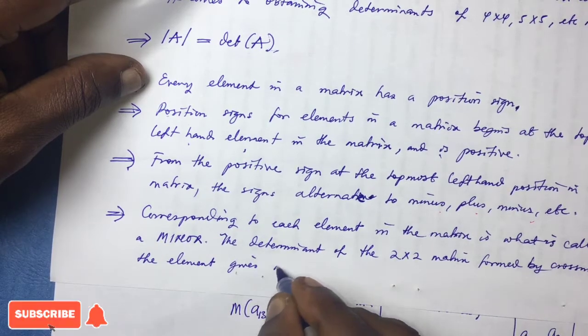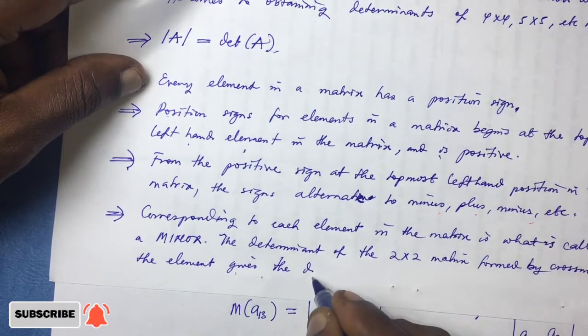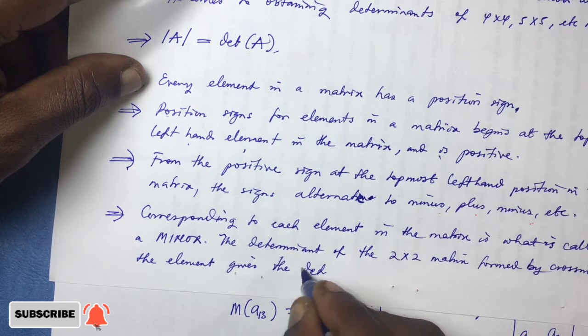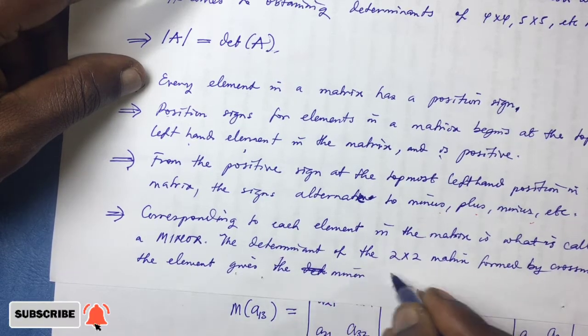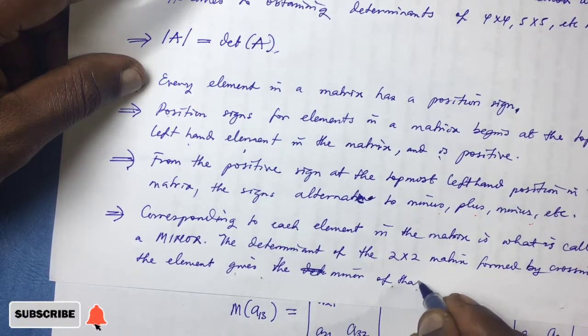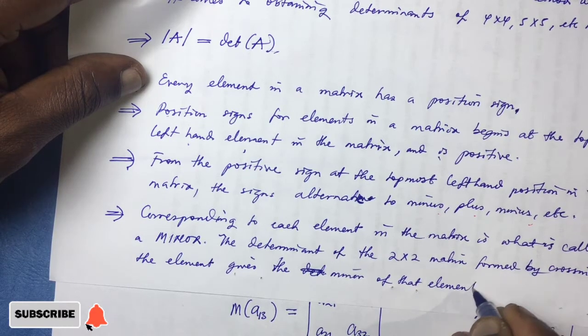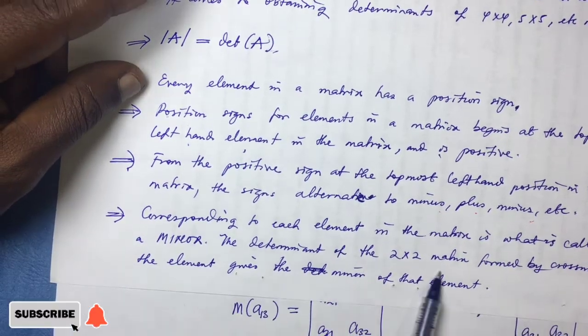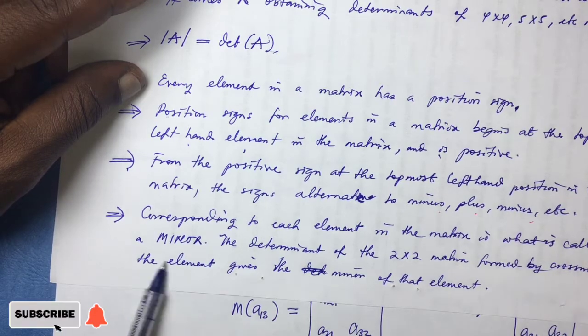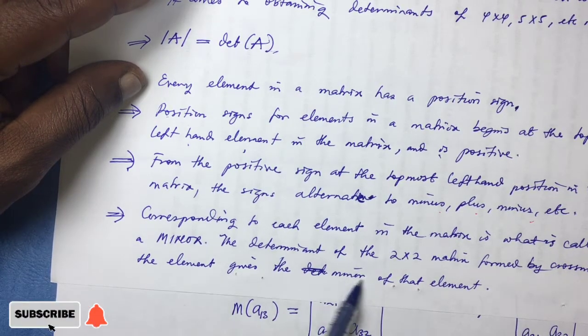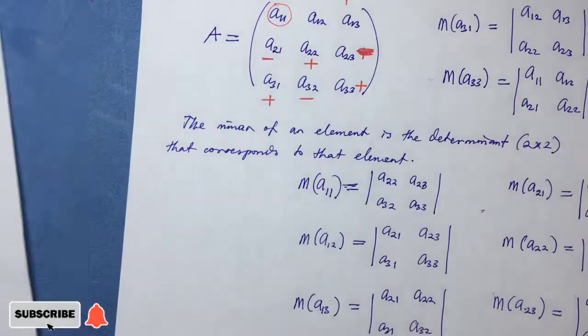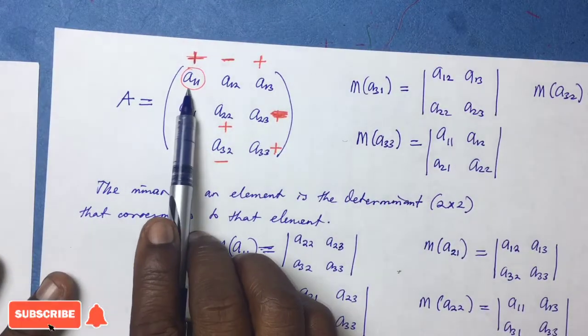The determinant of the 2 by 2 matrix formed by crossing out the element gives the minor of that element. So, what is the minor of A11?